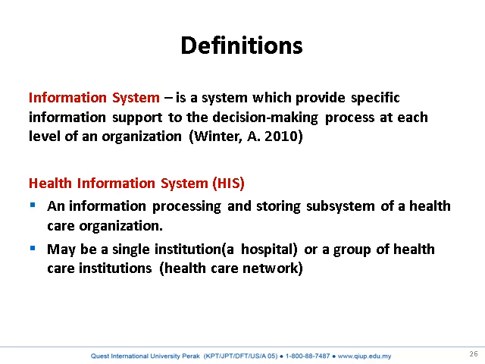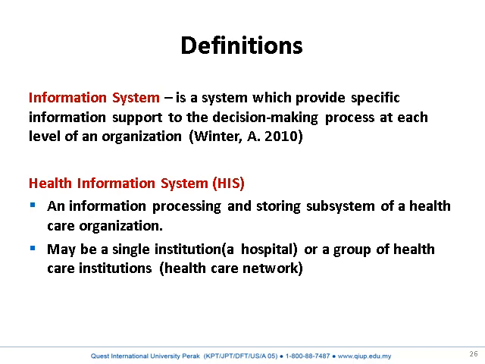So information is provided through information system. Health information system is an information processing and storing subsystem of a healthcare organization. Healthcare organization has a subsystem. It is for processing information and storing.